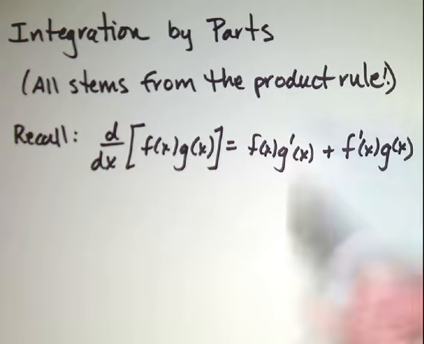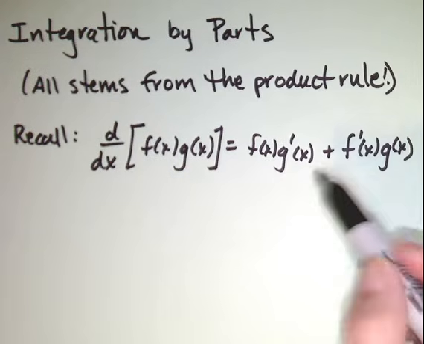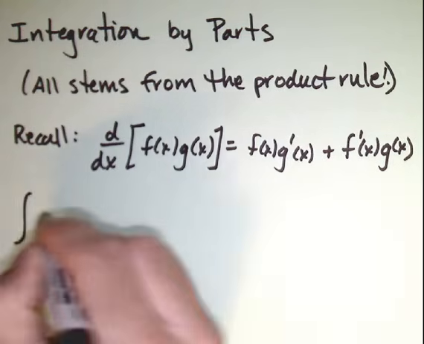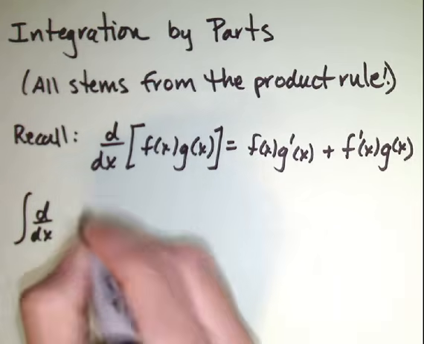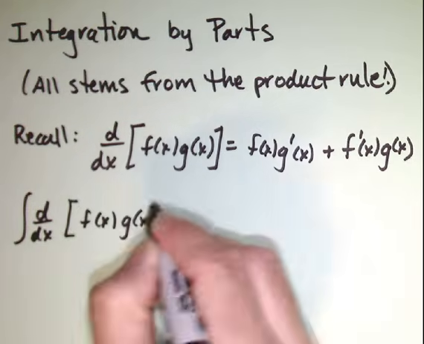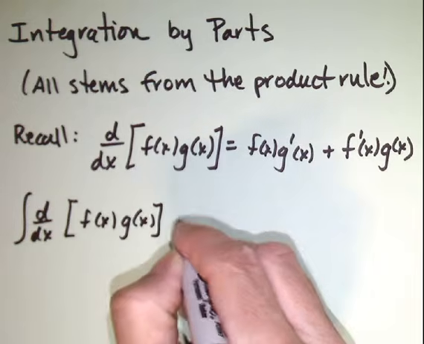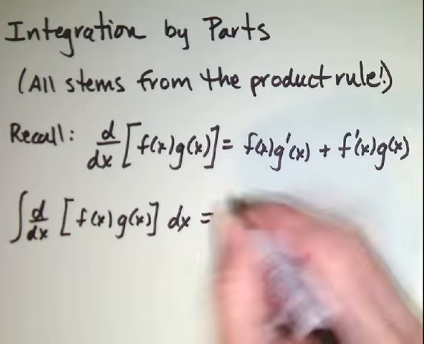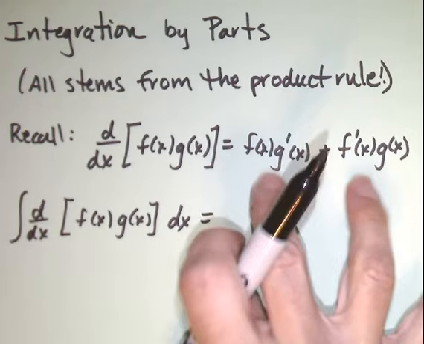Okay, so if we start with this equation of the product rule, let's go backwards. Let's integrate both sides with respect to x. So we are now going to integrate the derivative of the product with respect to x, and that's going to be equal to the integral with respect to x of this side.